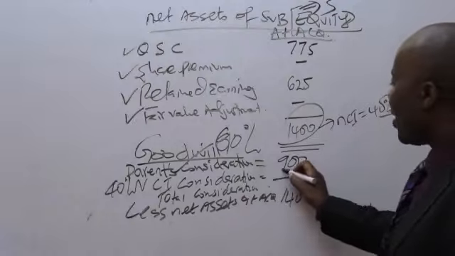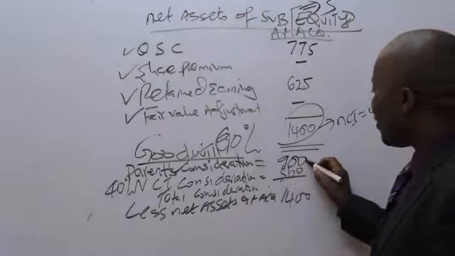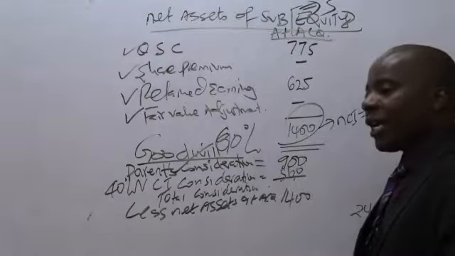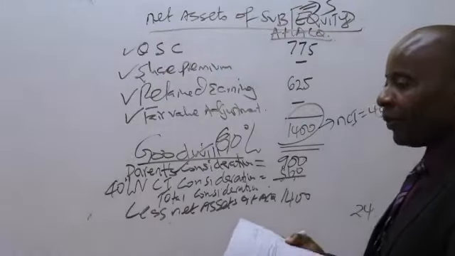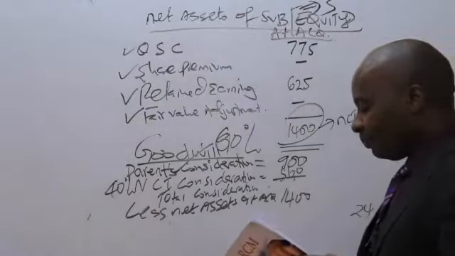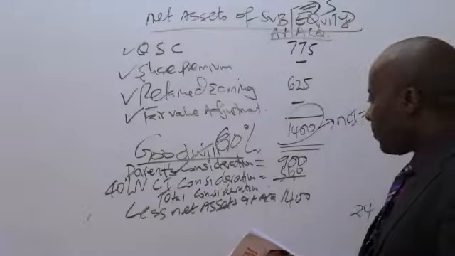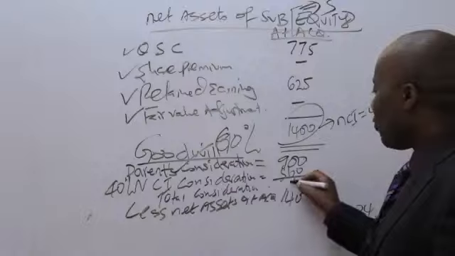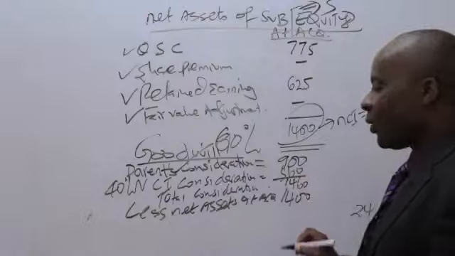Wananiambia wote ni 560. Kwa hivyo ukiongeza 900 plus 560, itakuja ngapi, somebody? 1460. Somebody is telling me 1460.